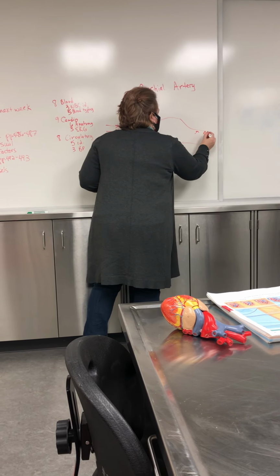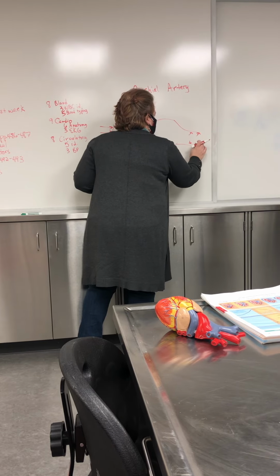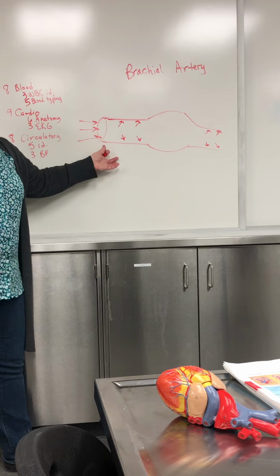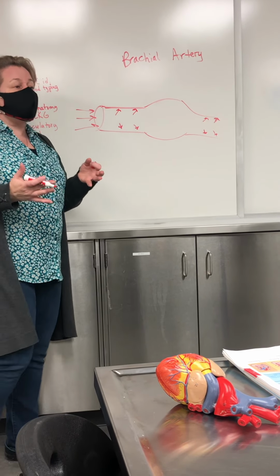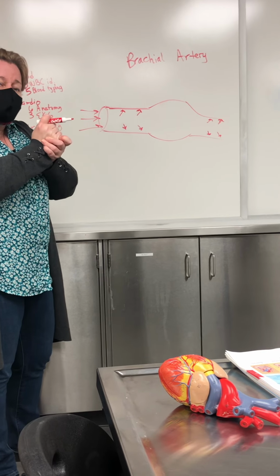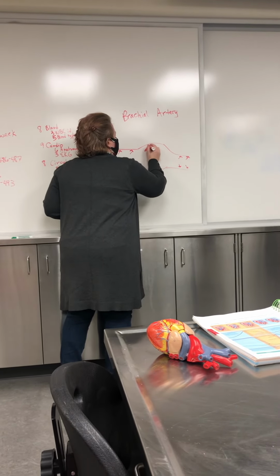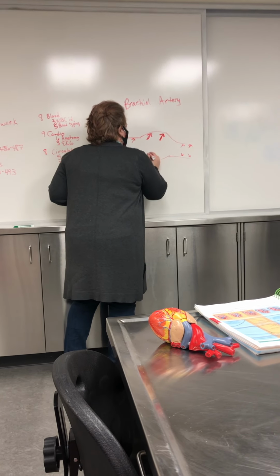So during the resting phases, there's always a little bit of pressure exerted outwards, but during systole, during those squeezes of the ventricles, you get this surge of blood that presses a great deal more pressure against the walls.